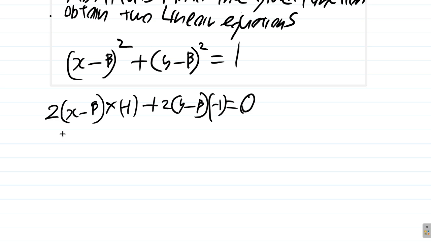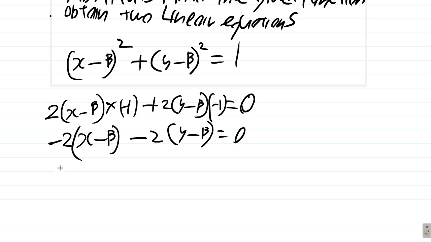Alright, so expanding the bracket, negative 1 by 2 is negative 2 times (x minus beta). Let's not open the bracket yet. If you want to do too many things at once, you might make a mistake. Alright, this is minus 2(y minus beta) equals 0.